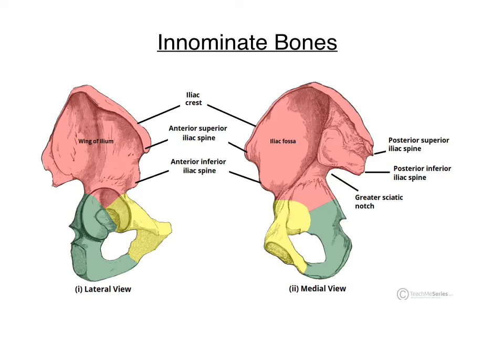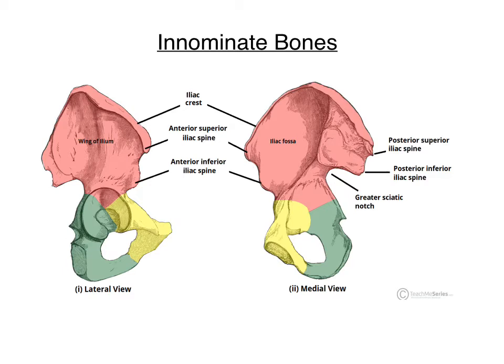Similarly, there are 2 similar points at the other end of the iliac crest, as you have in the front. There are 2 prominences found on the back side, in the posterior aspect, namely the posterior superior iliac spine and the posterior inferior iliac spine. So there are 4 projections.